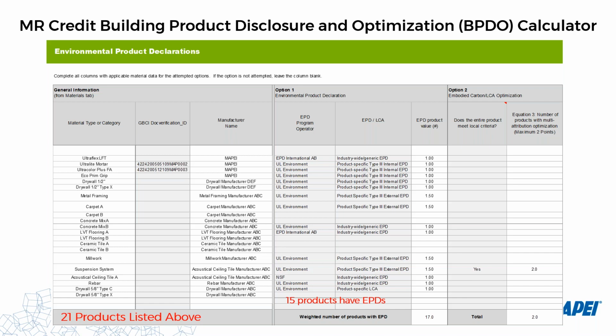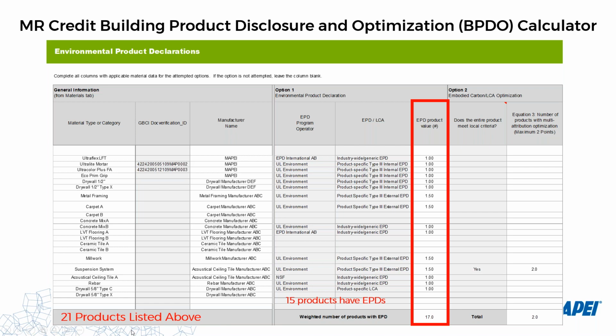Now, based on the types of EPDs and their weighted values that we talked about earlier, product-specific EPDs are worth 1 product. Industry-wide EPDs are worth 1 product. And if you have product-specific type 3 EPDs, they're worth 1.5 products. So the weighted number of products with EPDs in this case is 17. I hope that makes sense.